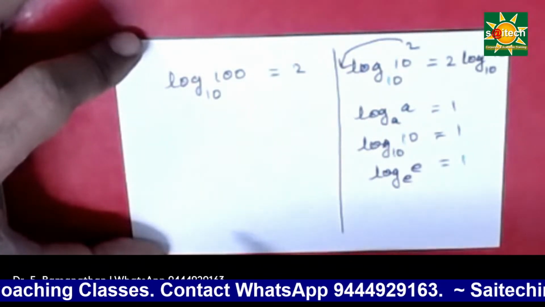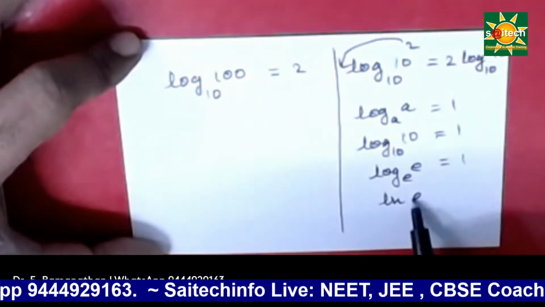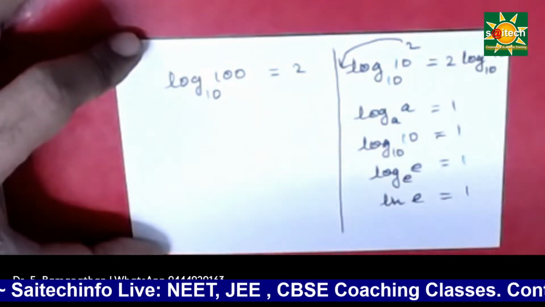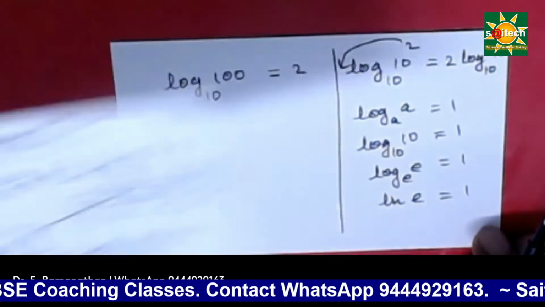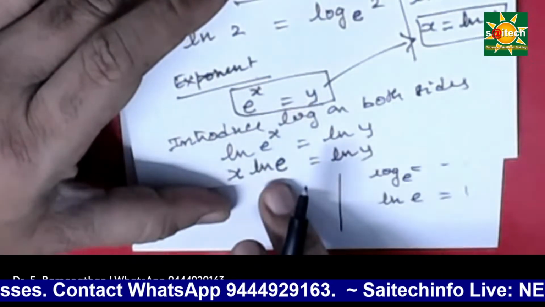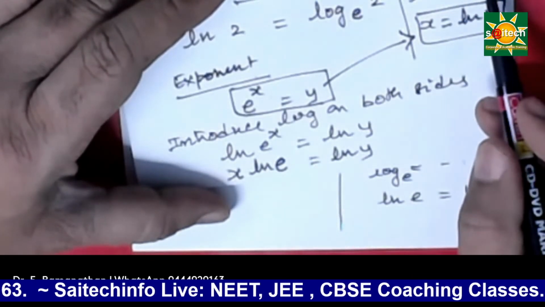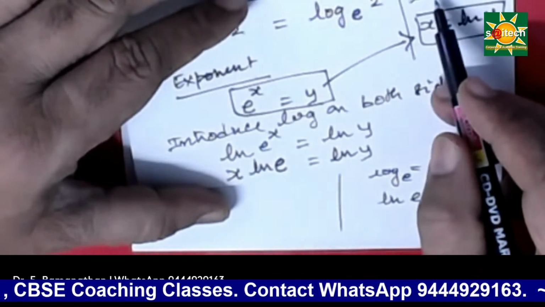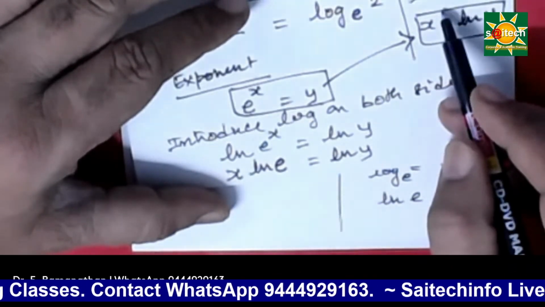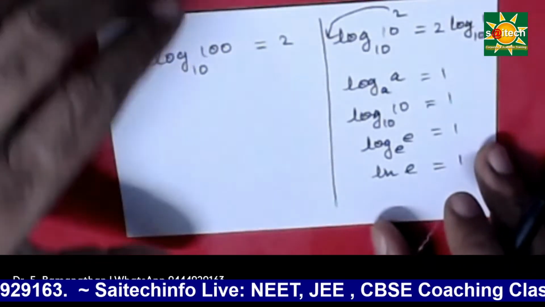Do you understand? And that is why I put natural log e is equal to 1. In the previous case, I was explaining about this natural log, that becomes 1. ln e is equal to 1. It should be given like this. Do you understand?